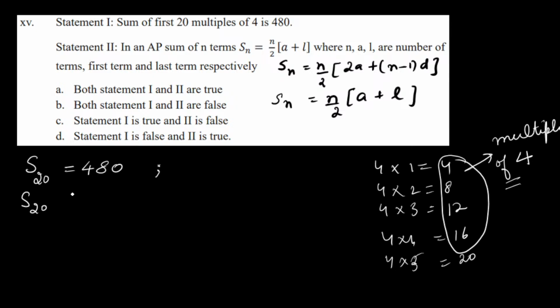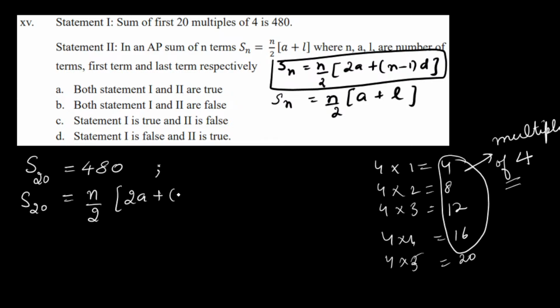So S20 is equal to, first formula I am going to use, and I have to check whether I am getting 480 as the answer or not. So n by 2 into 2a plus n minus 1 into d. n's value is 20 here because S20, number of terms 20.